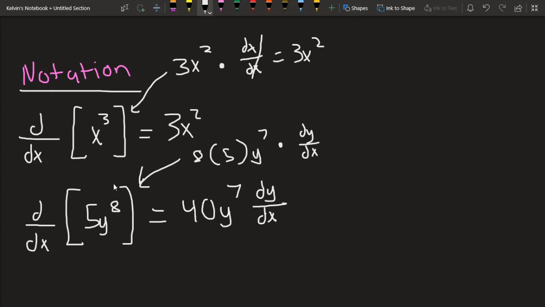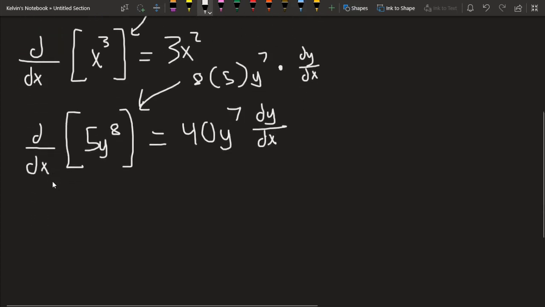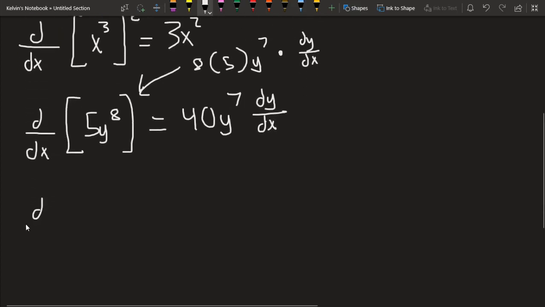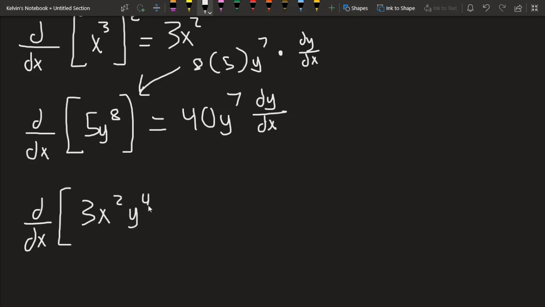So let's try one more problem here. Let's say we're asked to find the derivative with respect to x of 3x squared y to the power of 4. If we were to find the derivative of this, we'd have to use the product rule, of course. So let's do that real quick. Our first term is 3x squared.